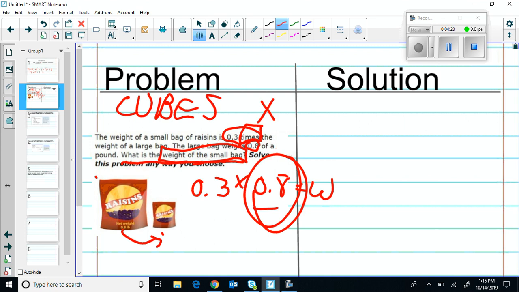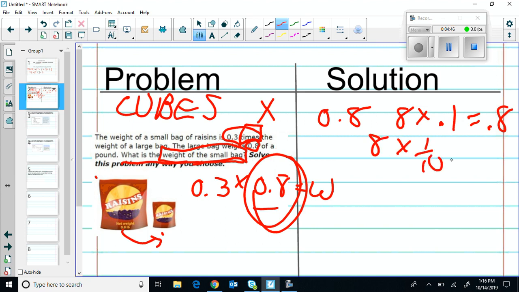Now it says we can solve this problem any way we choose. One of the things I briefly want to talk to you about is understanding this number of 8/10. 8/10 is actually 8 times 1/10. You could even look at it as 8 times 1/10. Either way, it's going to give you 8/10. We also have 3/10. Well, 3/10 is 3 times 1/10, which equals 3/10.